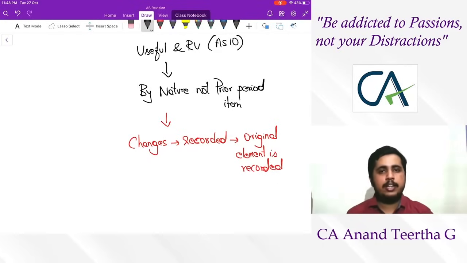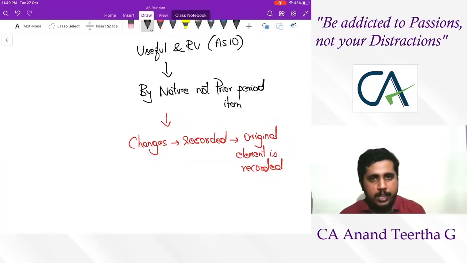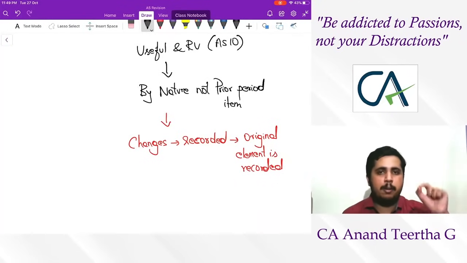Now, a government grant is getting refunded. It's an extraordinary item. Say you estimated the refund amount to be 5 lakh, but the actual refund came to 6 lakh. If you are making this estimate change, where will you make it? In the extraordinary item. The place in which the original item comes into effect, the change in estimate will be applied in that place itself.